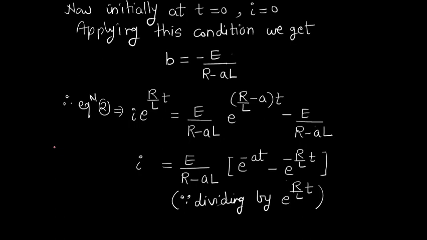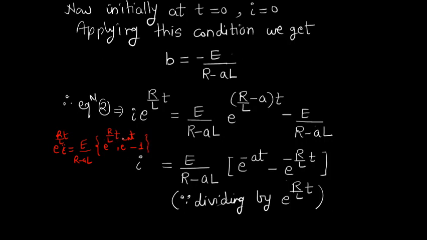So it is e raised to power R by L times t into I is equal to E by R minus AL, then what is left, e raised to power R by L minus a, t. This can be written as R by L times t into e raised to power minus at, and then minus 1. This is what we have.